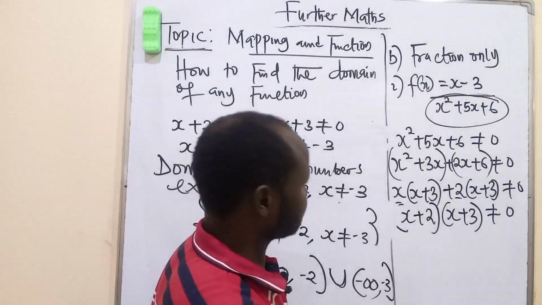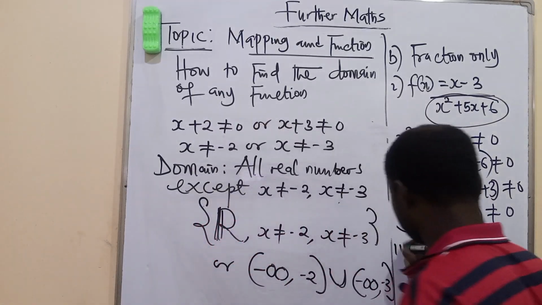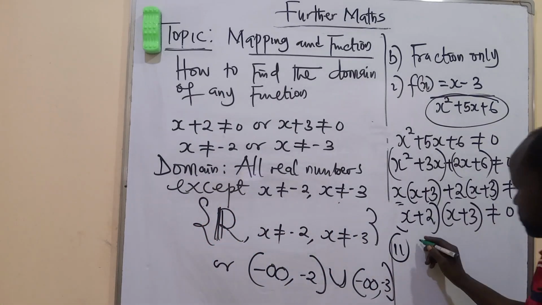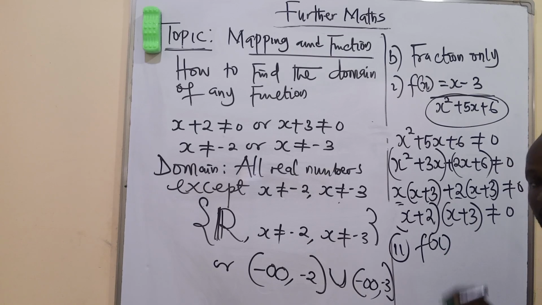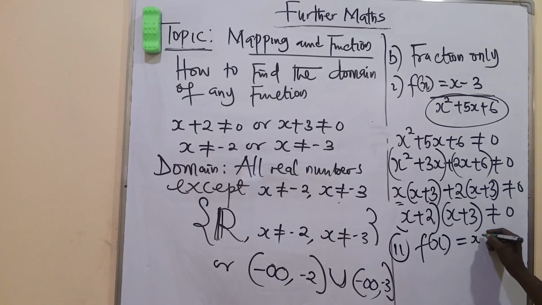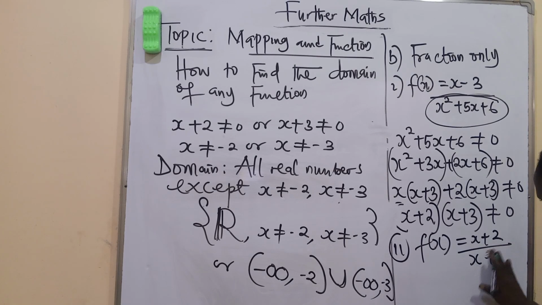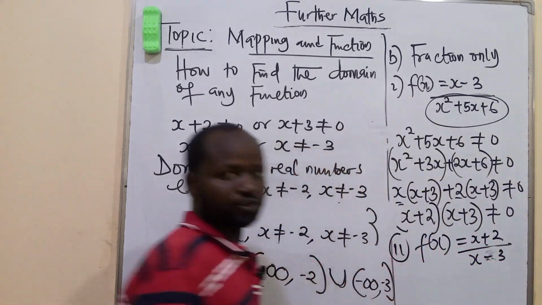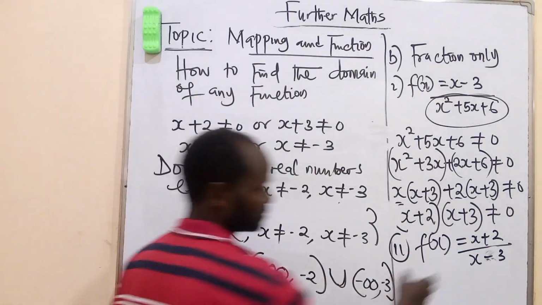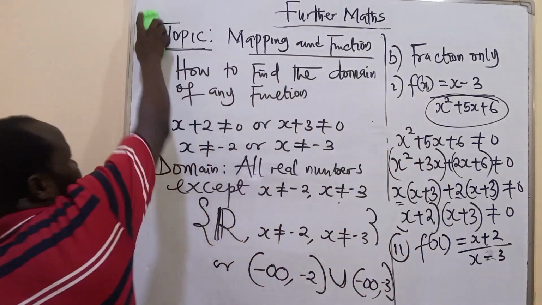Okay. Sometimes we may have another example. Let me give you another example under this. Let's say we have a function f of x as x plus 2 divided by x minus 3. This is a rational function. You may be asked to state the domain of this function as well. It's the same thing.